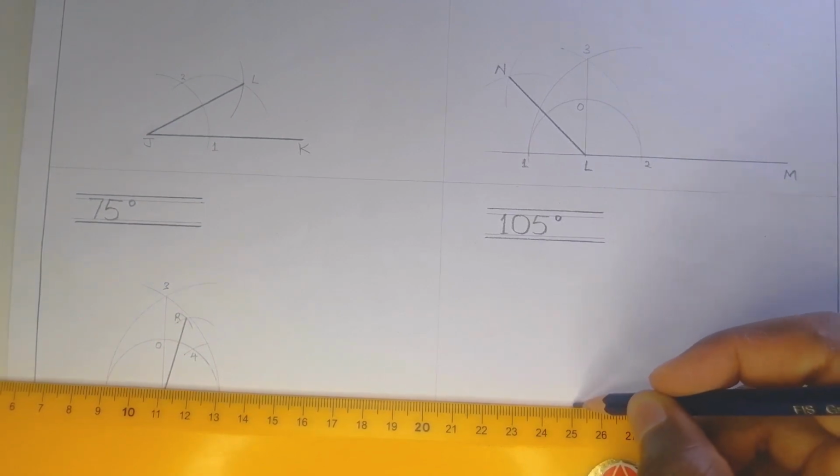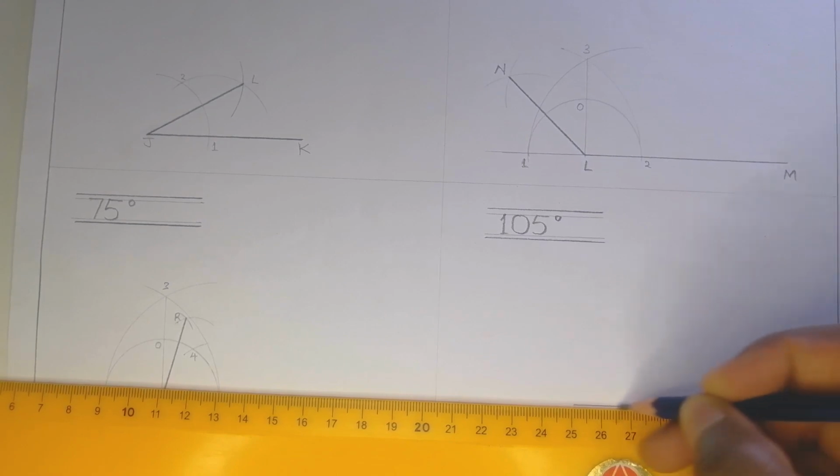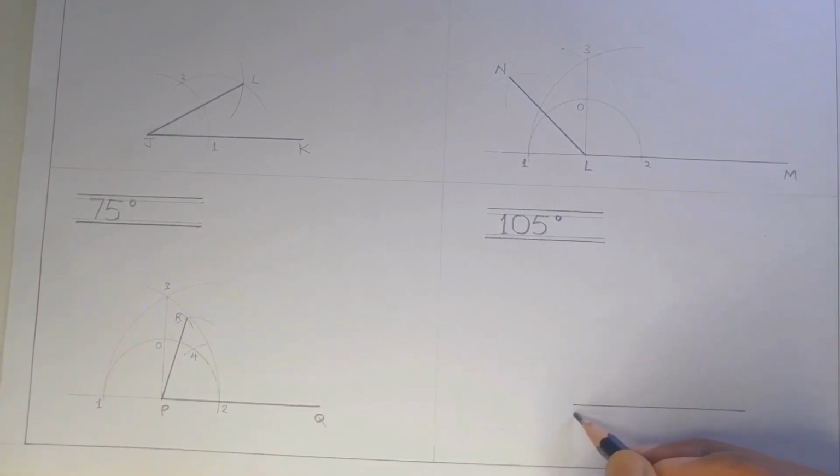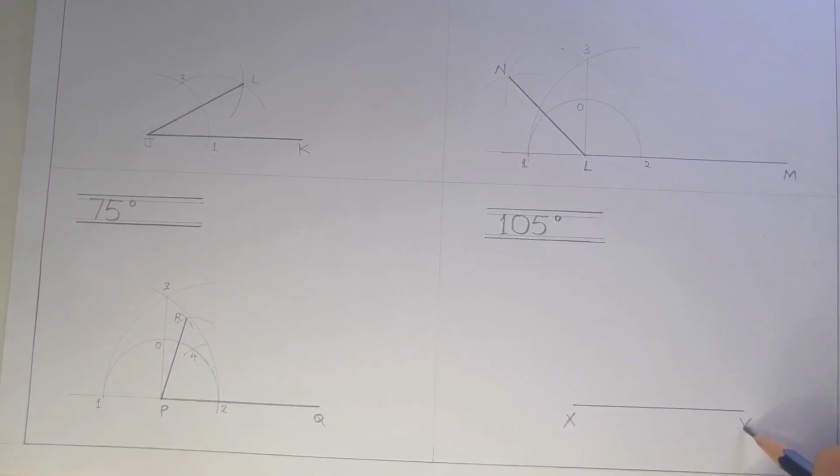Let's say we have a line XY. Remember, we need the 90 degrees. This time I'm going to use the second method of constructing our 90 degrees.